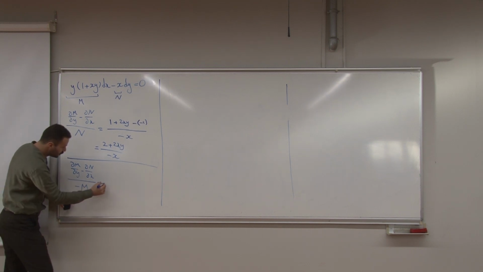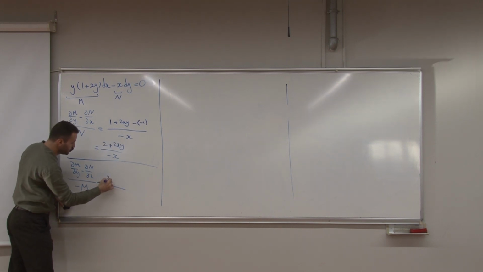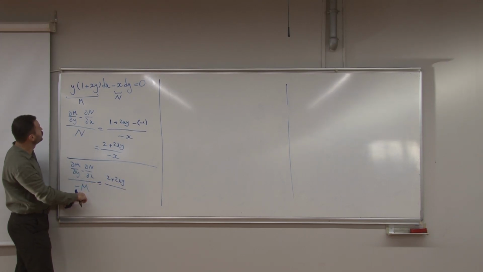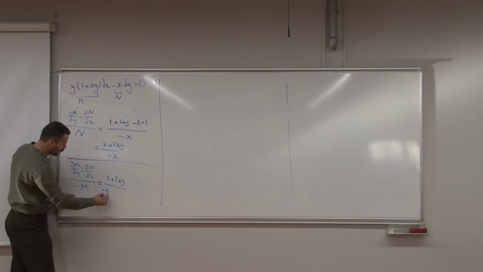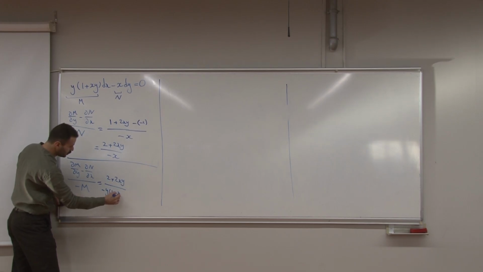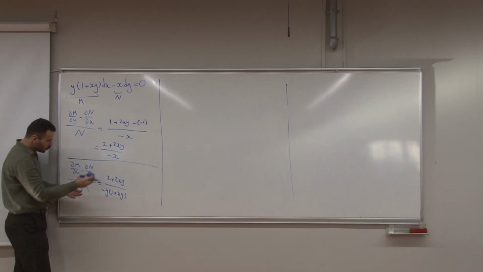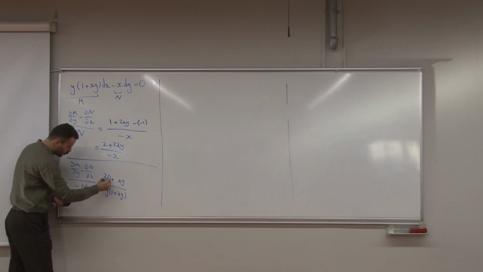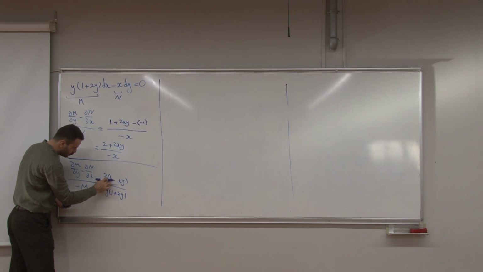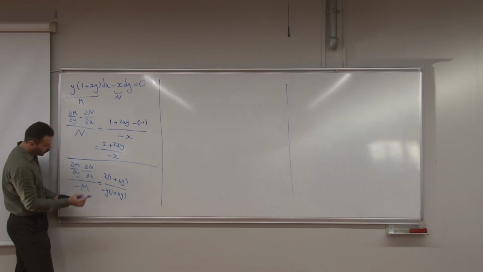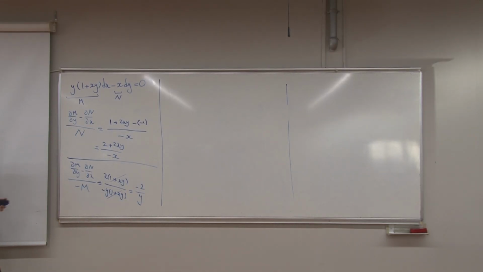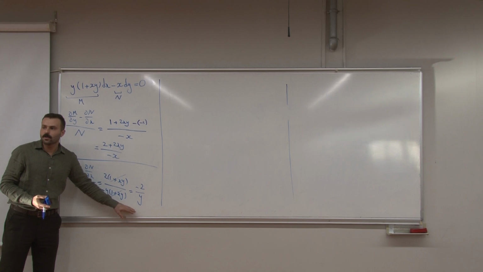I have already calculated that, so it is 2 plus 2 times xy. And minus M is minus y times 1 plus xy. We can also take a factor of 2 out, so it is going to be 1 plus this. These two cancel out, and yes, Fahad, you were right, it is minus 2 over y. Is this only a function of y or not?